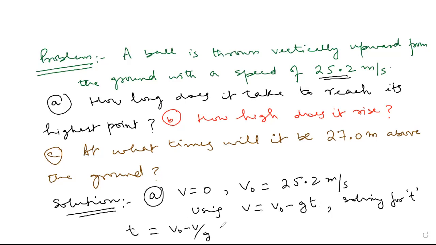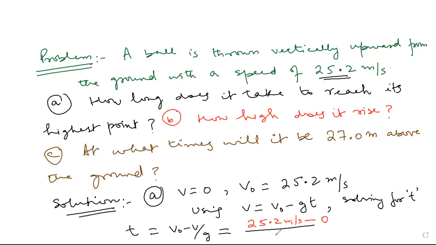Let us put the numbers. Let me use another color here. So our v naught is 25.2 meter per second, minus v, which is 0.